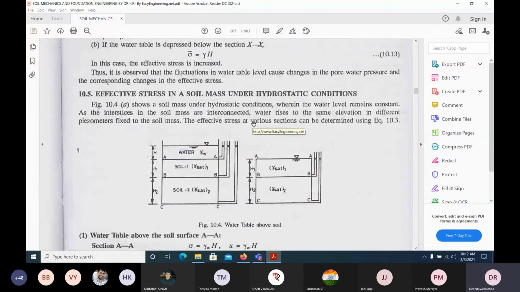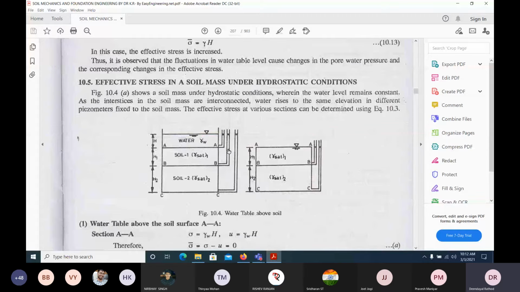Now one more example. Effective stress in a soil mass under hydrostatic conditions. We have water here, soil 1 and soil 2.